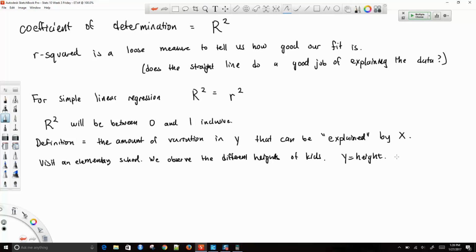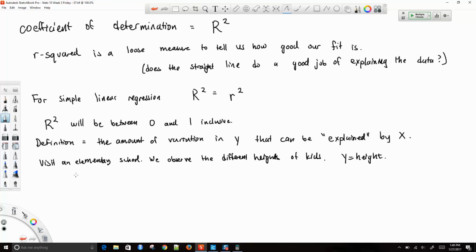And we can say, there's a lot of things that determine how tall or how short a child is. There are things like diet and genetics and all of this. But probably the most important thing that explains the different heights as far as the elementary school goes is that the kids are different ages, right? And so it probably makes sense to say, let's take a look at the age of kids and see if that explains a lot of the reason why kids are of different heights.